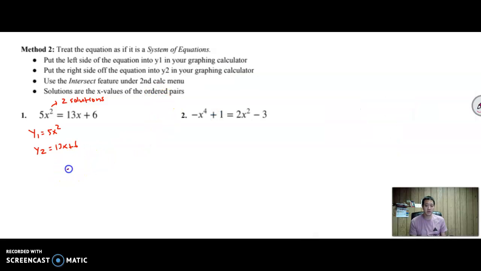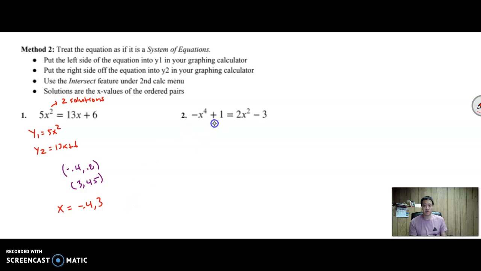It was negative 0.4 and 0.8. And my other intersecting point is 3, 45. But since we're solving this equation, I only want the solutions for the x values. So x is going to equal negative 0.4 and 3.